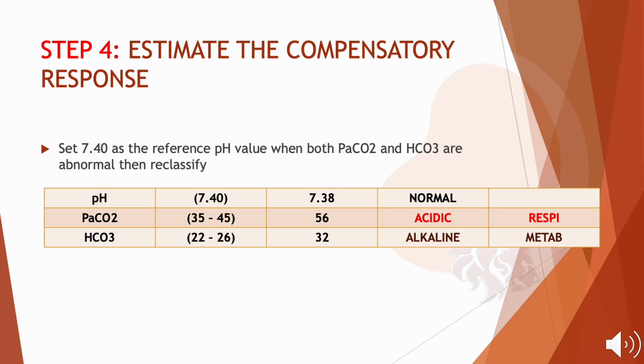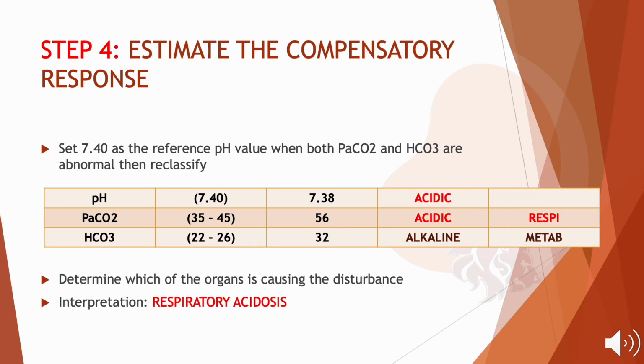So in order for us to determine the primary disturbance and the compensatory response, we set the normal pH value to 7.40 as a reference when both the partial pressure of carbon dioxide and bicarbonate are abnormal, then reclassify. Now going back to our ABG, we see that a pH of 7.38 is lower with respect to 7.40. Thus, there is acidosis.